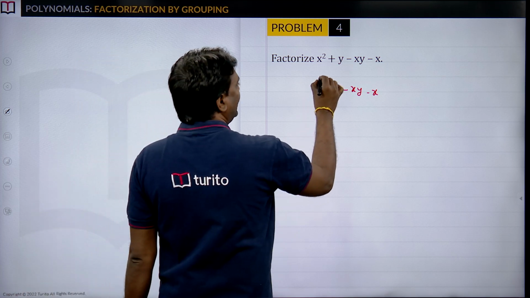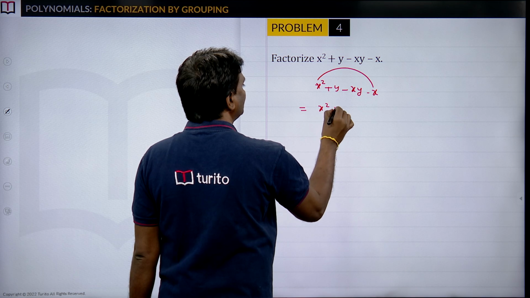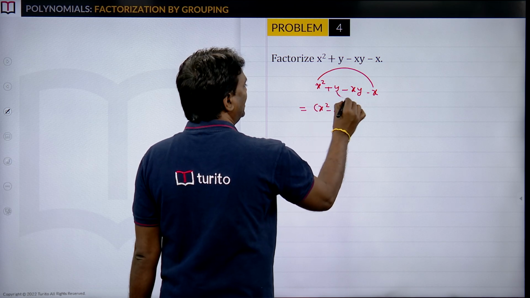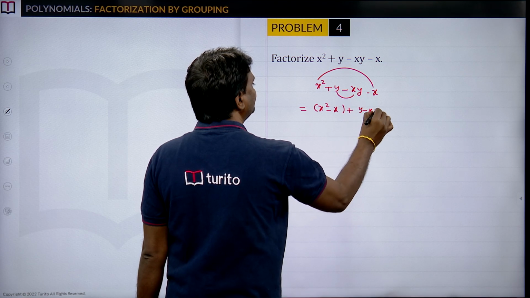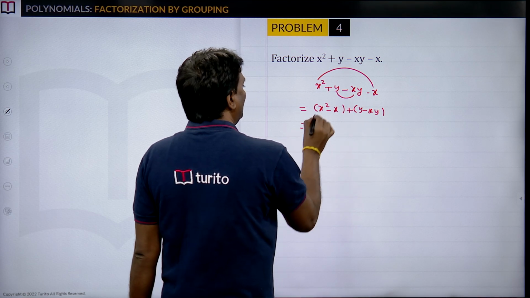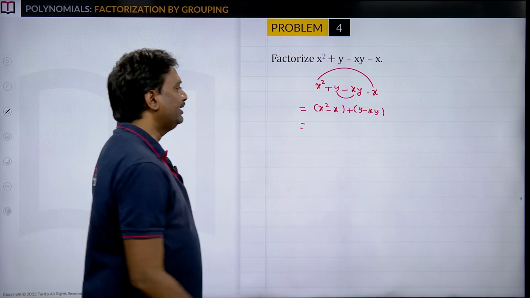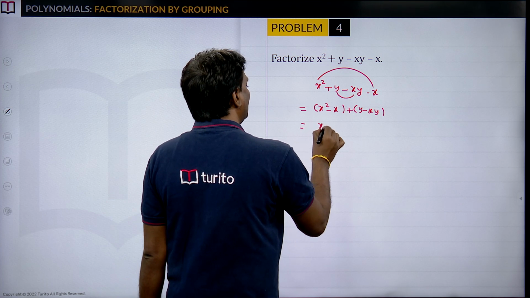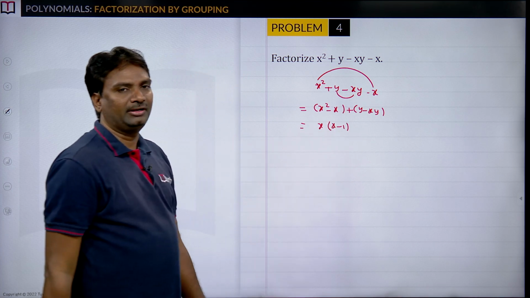So, if we take x square minus x as one group, the middle two terms as one group, y minus xy. Here x square means x into x, that is why we can take x as common. So, by taking x as common, you will get x of x minus 1.